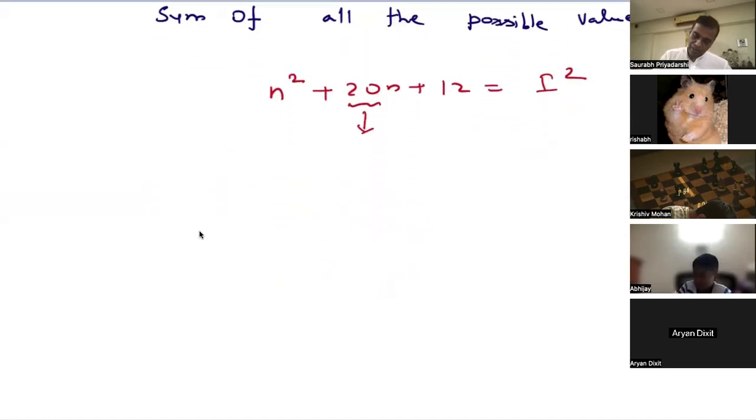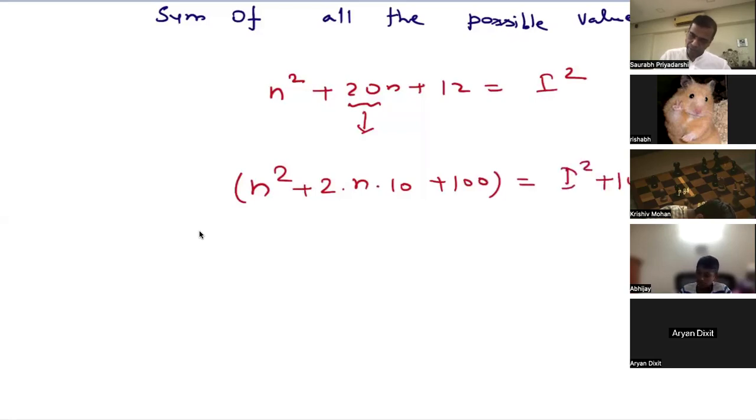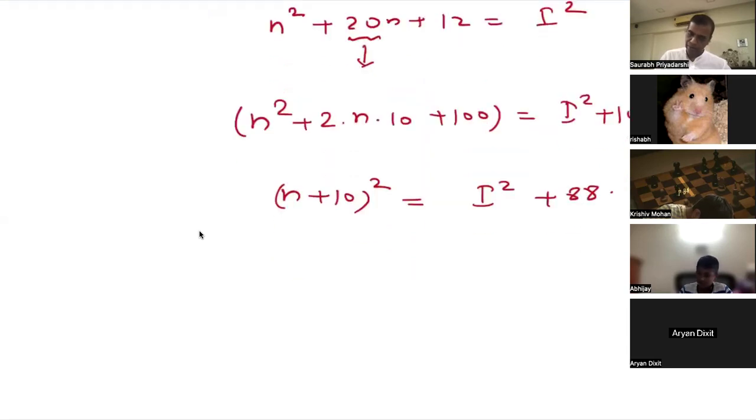So in this, I can say n square plus 2 into n into 10 plus 100 is equal to I square plus 100 minus 12. So I'm getting n plus 10 the whole square is equal to I square plus 88.